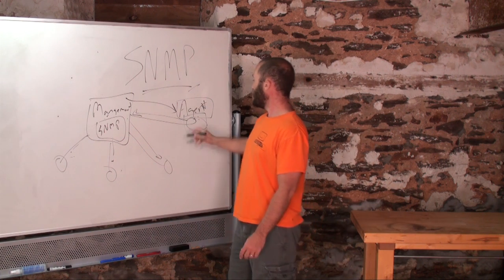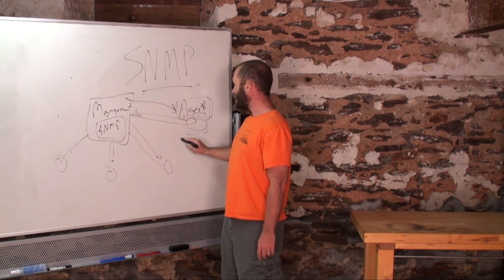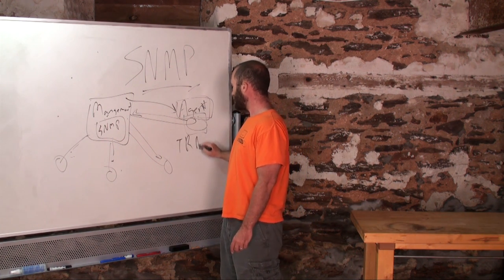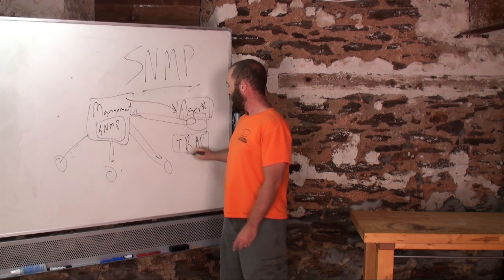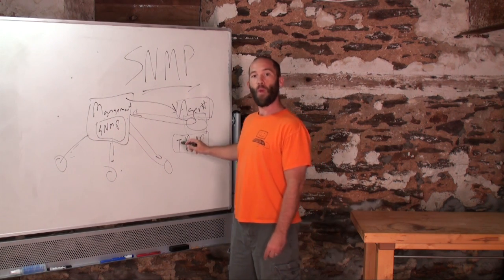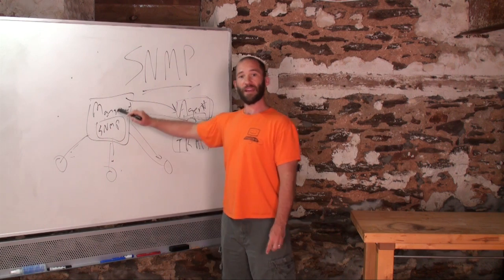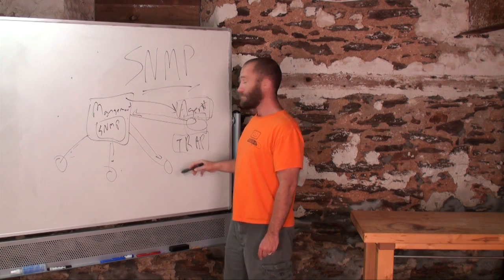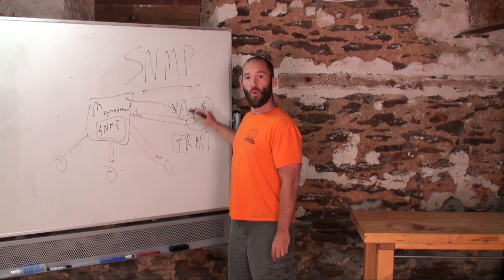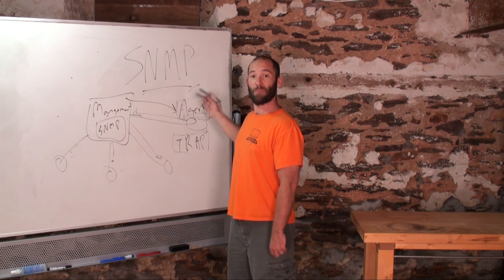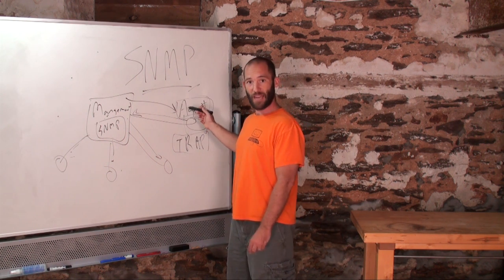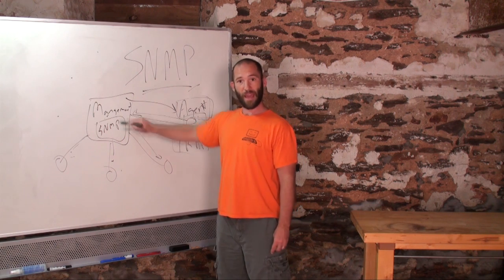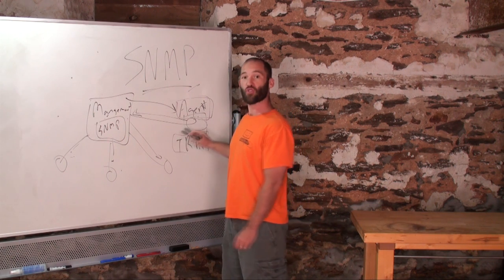Well, on the agent, if you set what is called a trap, this trap is a way to alert the management console when a rule has been broken. So you could say, when the hard drive space goes above 80%, alert the management console. That is a trap.